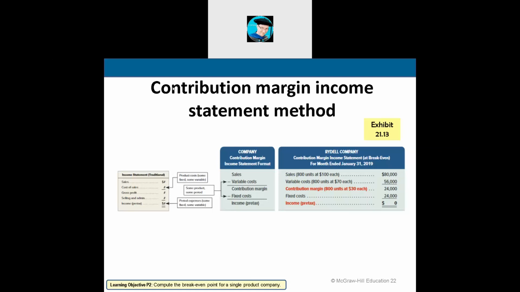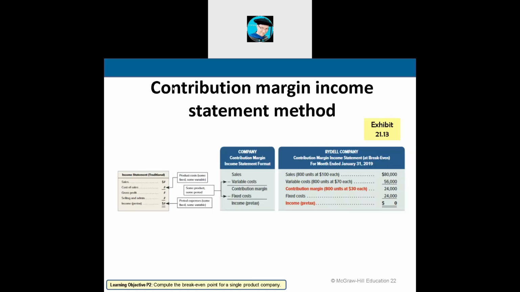So 80,000 minus 56,000 gives us a contribution margin of 24,000. Sales minus variable costs, contribution margin. Sales minus cost of goods sold, gross margin. Okay, $30 a unit, 800 units, 24,000.